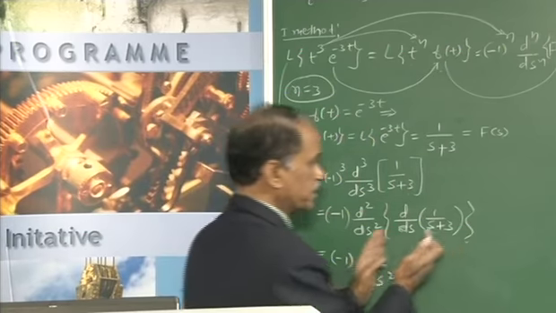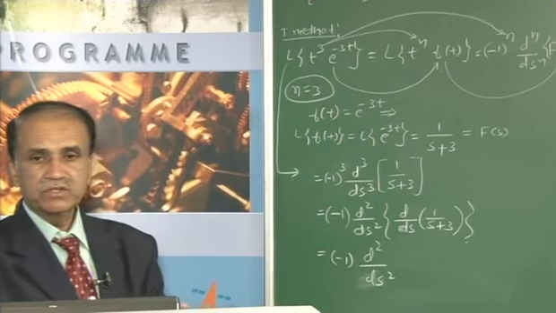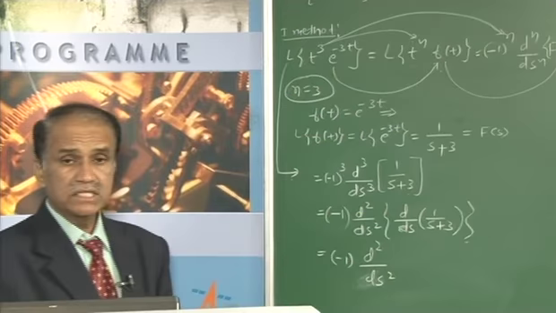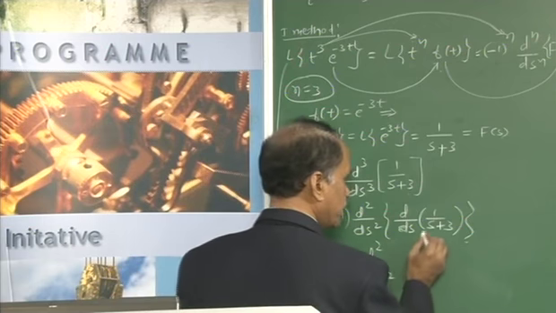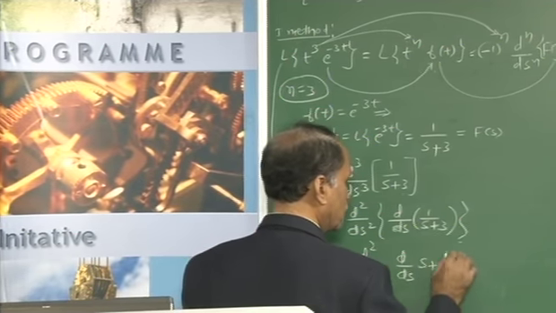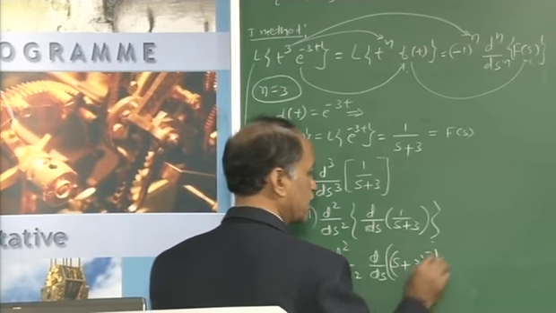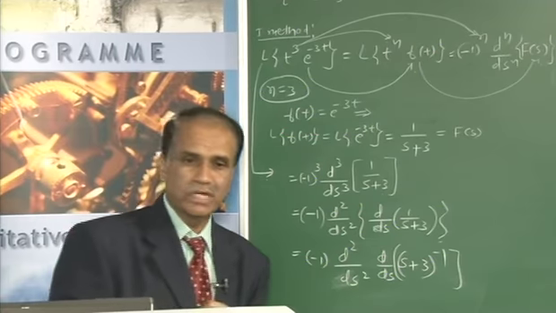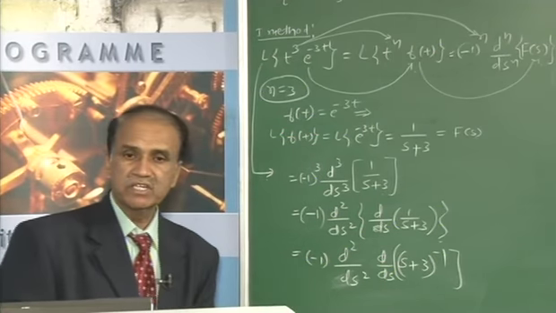Once you have to differentiate, differentiation goes either by u by v formula, or another shortcut method is like this. You take d by ds of s plus 3 whole to the power minus 1. Directly you can write the result, because in the numerator no variable s you have, so without any hesitation you can write in the numerator.